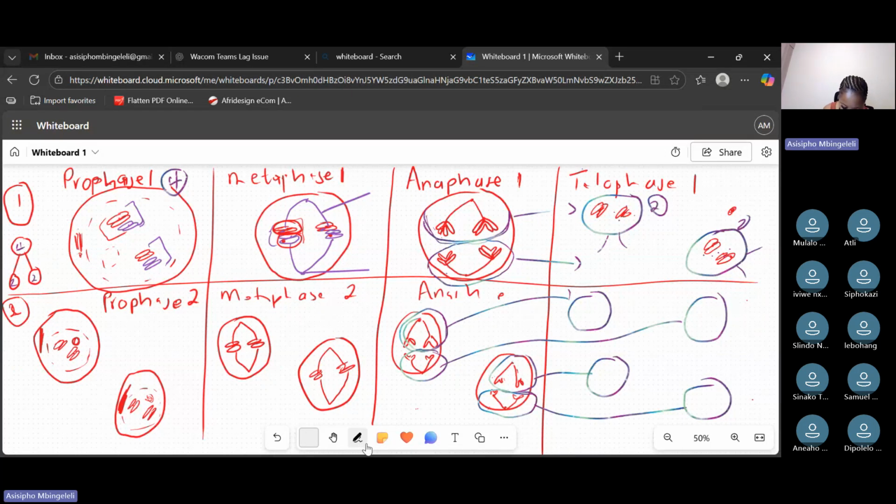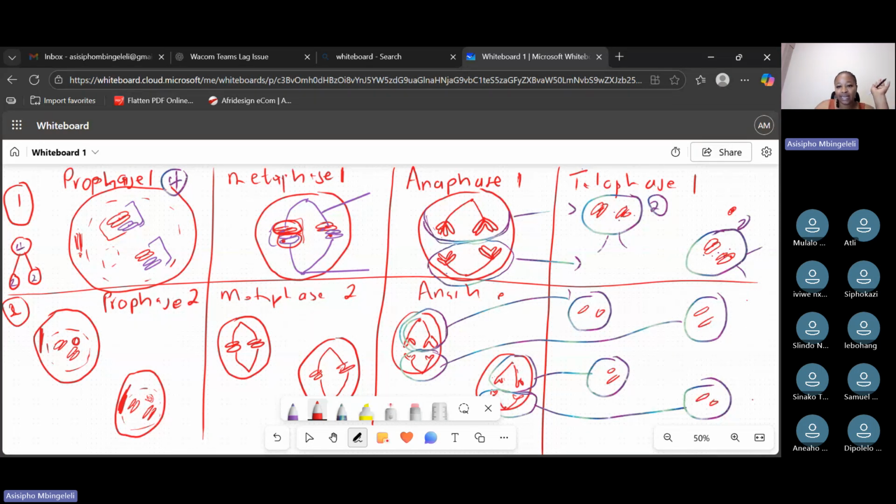So this cell over here, this will be one unreplicated chromosome and another unreplicated chromosome. Here, same business, unreplicated chromosome, unreplicated chromosome. Same business for the other cells.